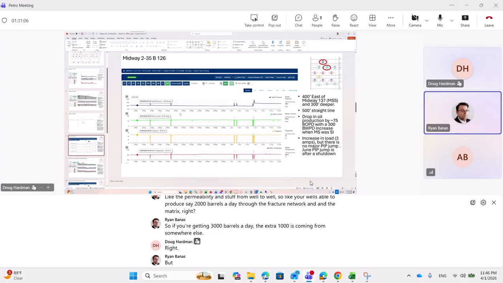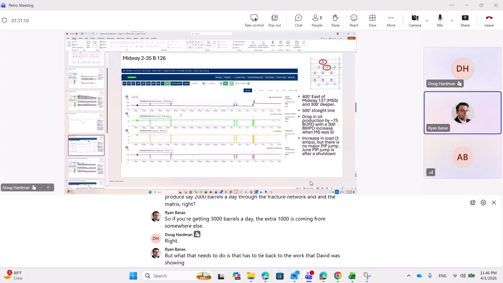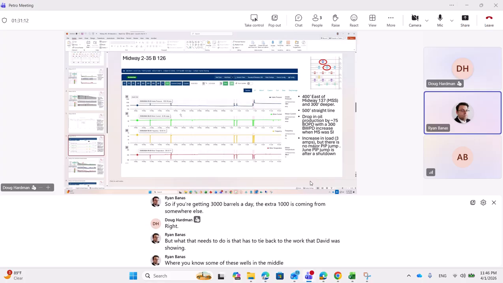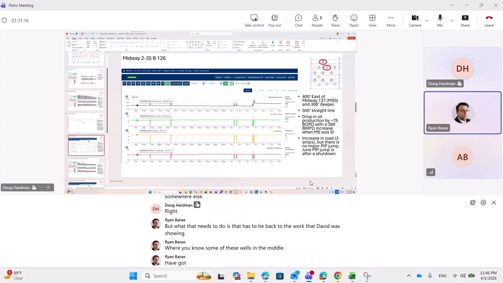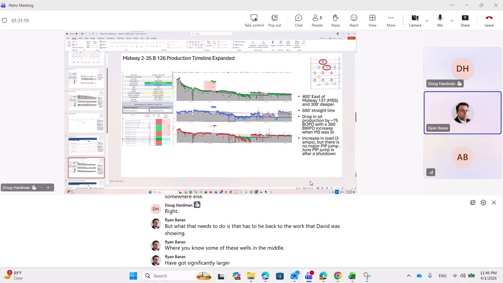But that has to tie back to the work that David was showing, where some of these wells in the middle have significantly larger stimulations.